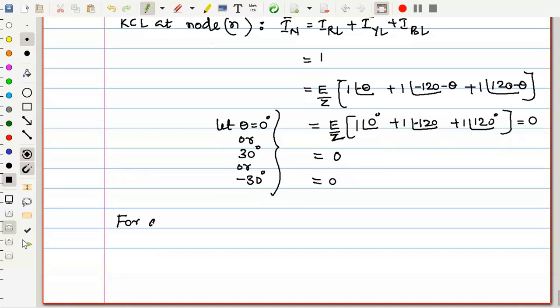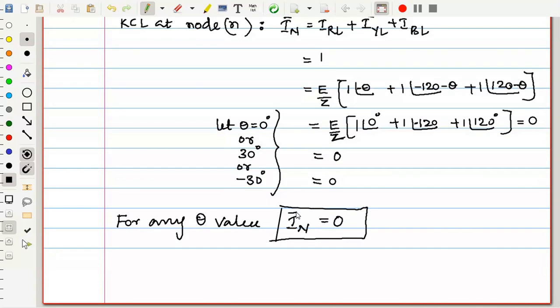For any theta value, In is equal to 0. What is the conclusion from this point is that if source is balanced and load is balanced, there will not be any neutral current through the neutral wire. This is the very important conclusion.